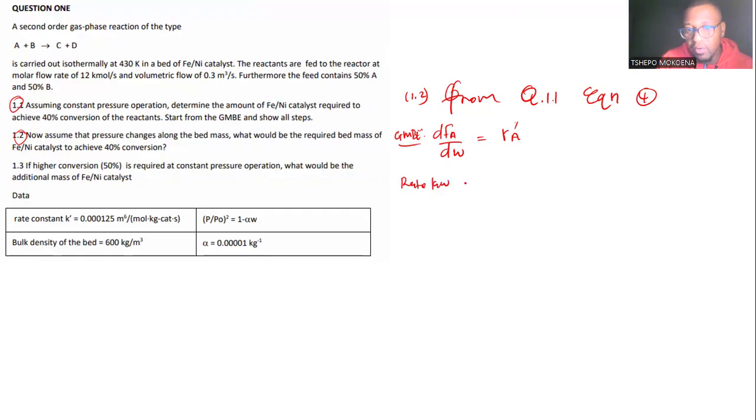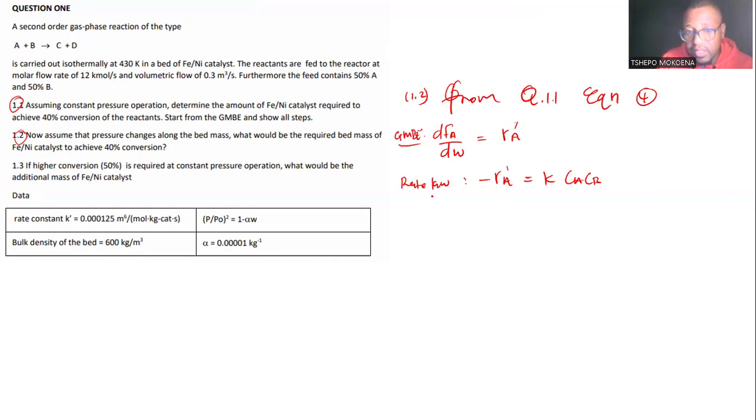We still have the second order: negative RA equals k CA CB, or it can be CA squared. It does not matter. I told you that the concentrations of A and B are equal, so it really does not matter at all.